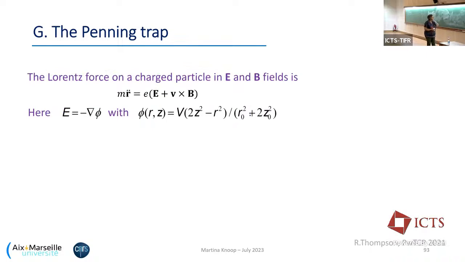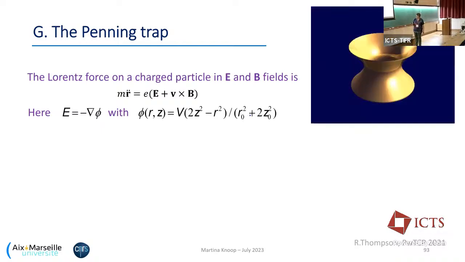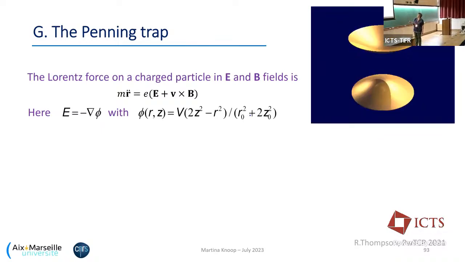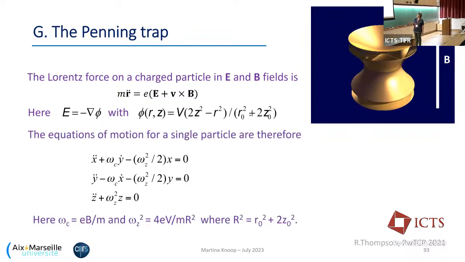If you look at the Penning trap, as I said, there is a trapped charged particle, you have a B field, and then you have a Lorentz force, and the charged particle goes around the B field line. This is something you have learned in your undergrad physics. And here's my trap. We can then write down the equation of motion for a single particle in this potential.